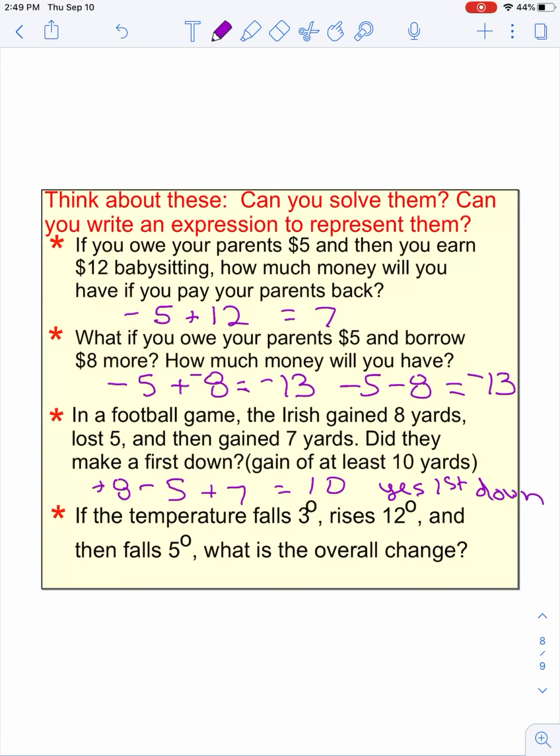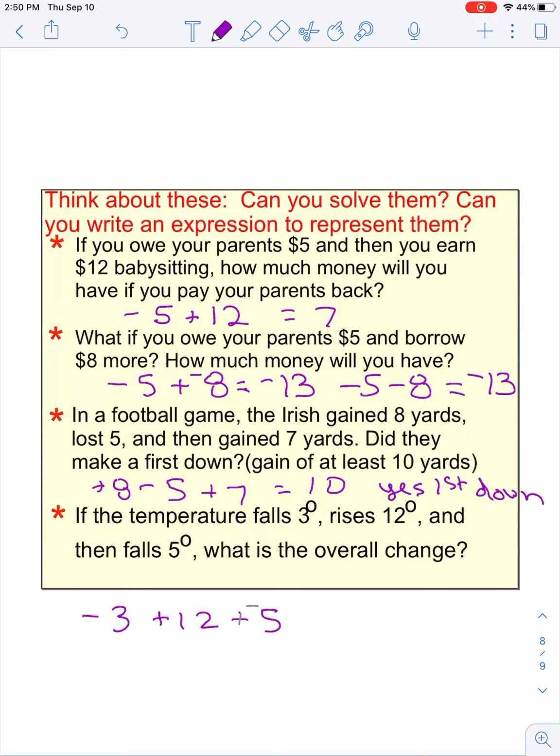Last one, if you got this correct, the temperature falling would be represented by -3. Then it rises 12 degrees, and then it falls 5, either subtracting 5, or again, you could also look at that as adding a loss of 5. Either way, you're going to get the same answer.